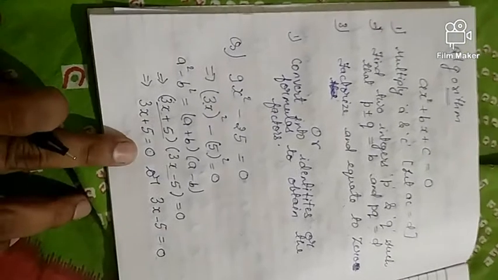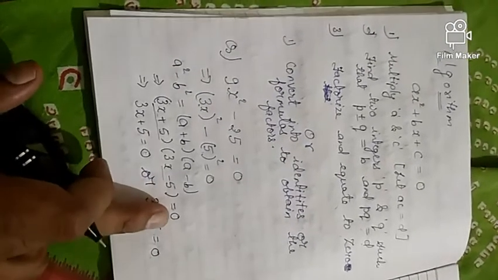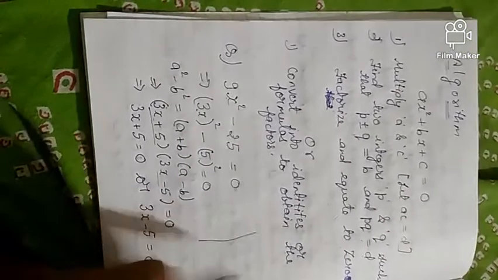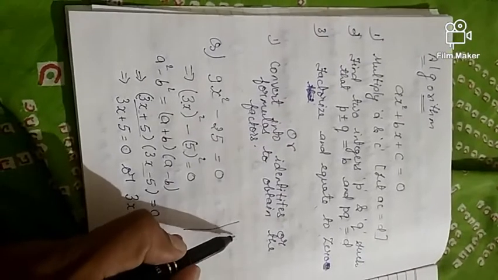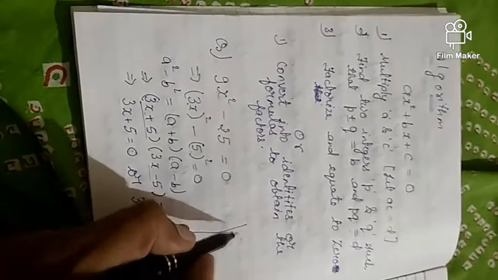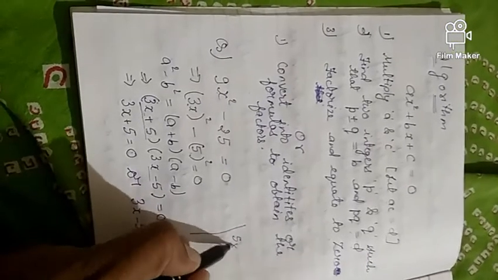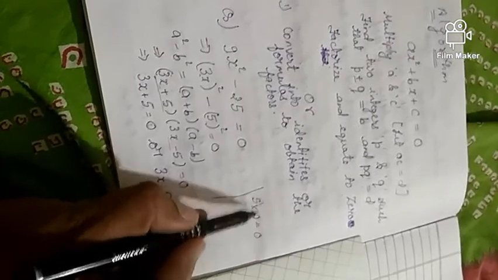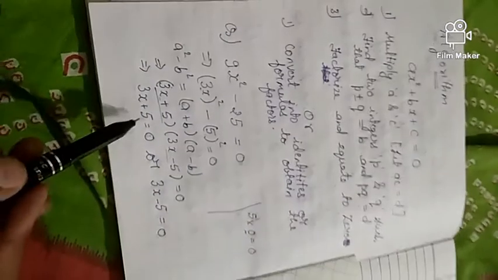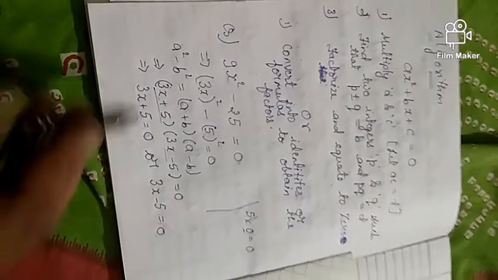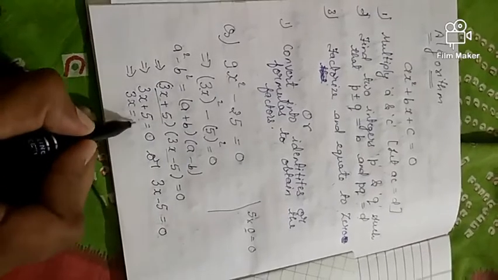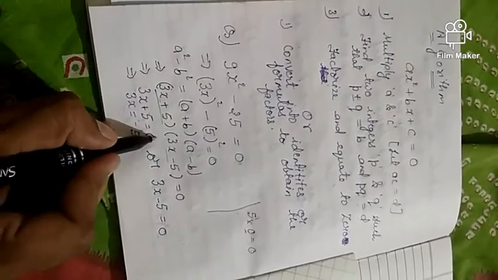Why have I written this? Because for a product to be 0, we know that the product can be 0 if any one term is 0. Suppose 5 into 0 equal to 0. See, the product is 0 when any one term, either this or this, is 0. So I will equate it to 0 one by one. From here, what I get, 3x is equal to minus 5, shifting 5 to this side.